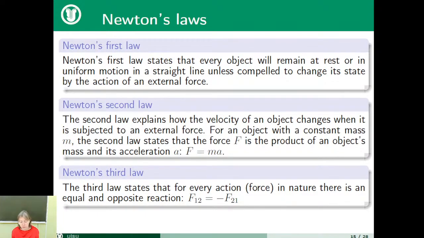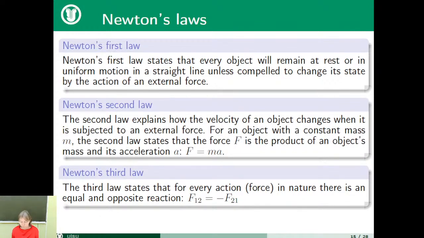A sketch of the body itself is preferred by some teachers, but to save space we shall usually represent the body with a dot. Also, each force on the body is drawn as a vector arrow with its tail on the body. A coordinate system is usually included, and the acceleration of the body is sometimes shown with a vector arrow.